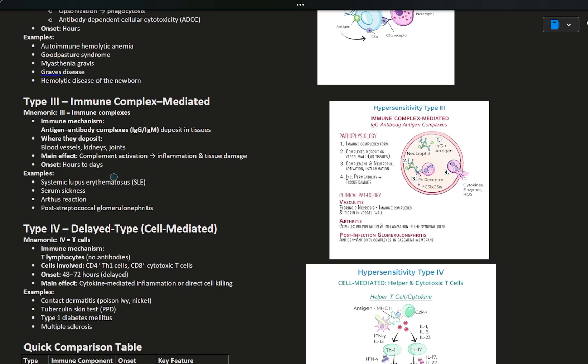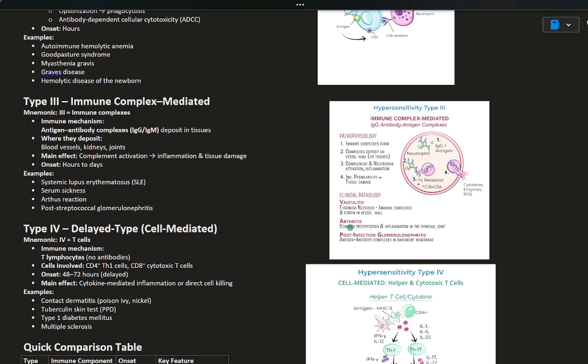And so, some cases where the type 3 hypersensitivity reaction occurs is in systemic lupus erythematosus, or SLE, serum sickness, or Arthus reaction, and post-streptococcal glomerulonephritis. For example, in post-streptococcal glomerulonephritis, the antigen-antibody complexes will be found in the basement membrane.